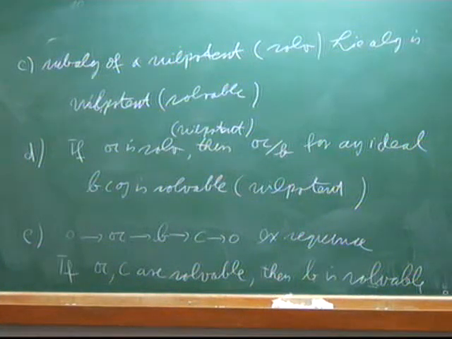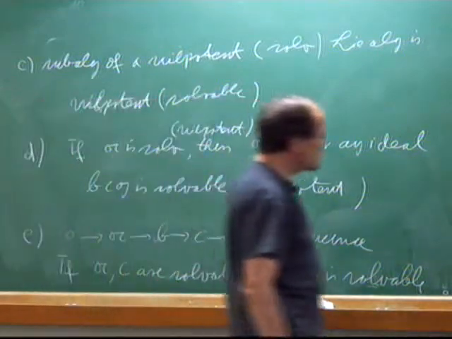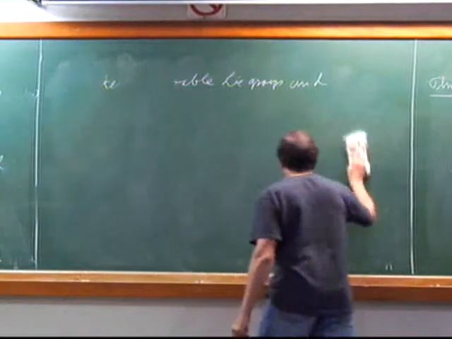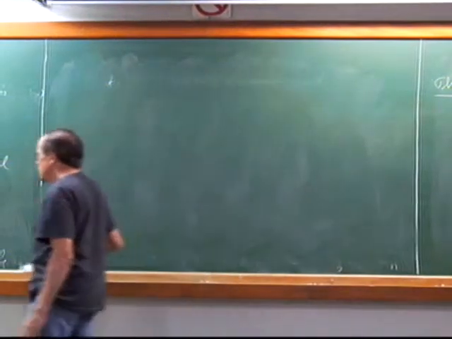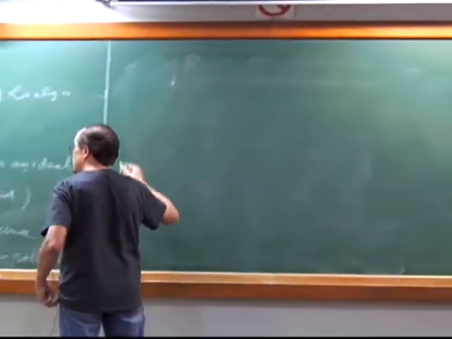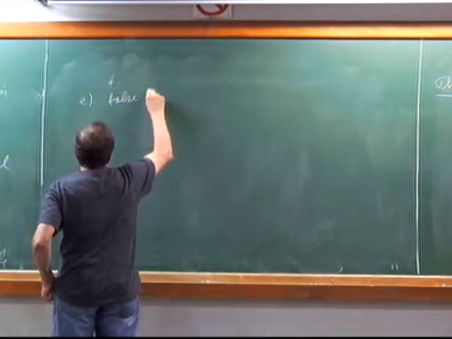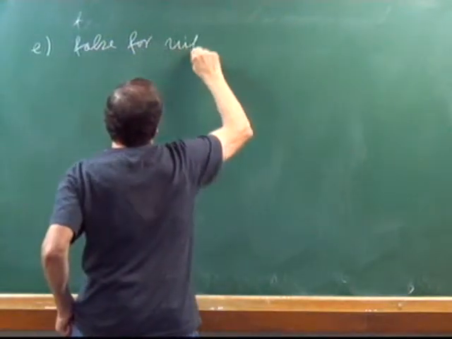But this is not true for nilpotent Lie algebras, this last property. So here's one difference between nilpotent and solvable. Maybe just one quick example of where it is false for nilpotent ones.